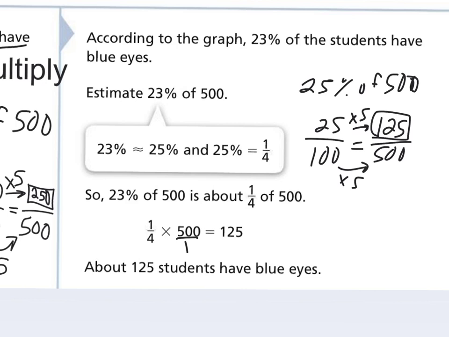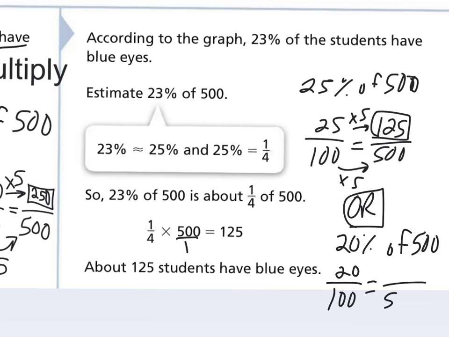And so 25 times 5 is 125. There's some cases where it might be acceptable to have two different answers that are pretty close to each other. 23%, as far as estimating, is probably best rounded to 25%. 20% is also pretty close to that, though. So if you wanted to, you could do 20%.